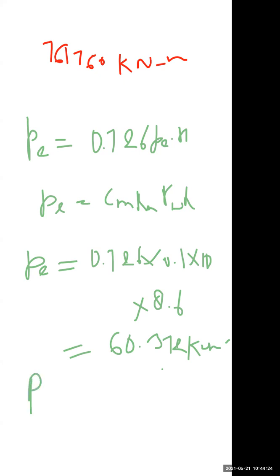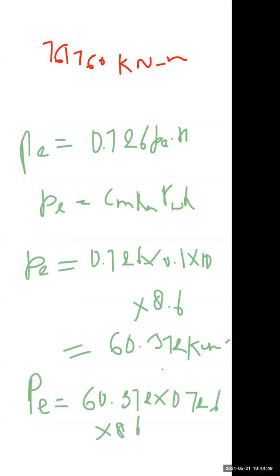So PE, here is also PE, here is also capital P. Value of PE is 60.372 into 0.726 into 86. Here is the value of PE.